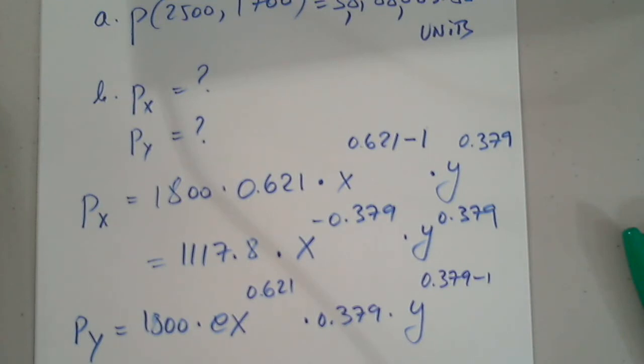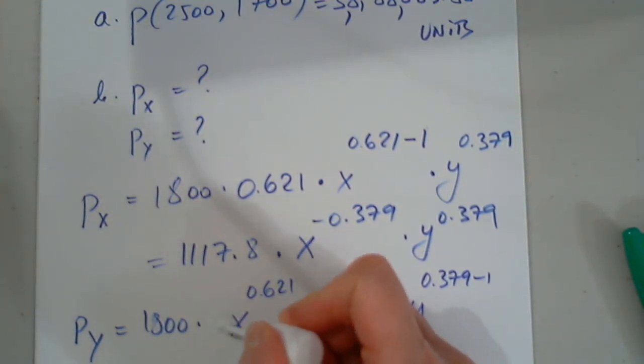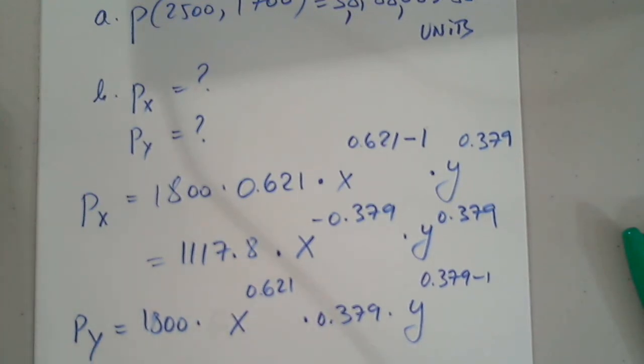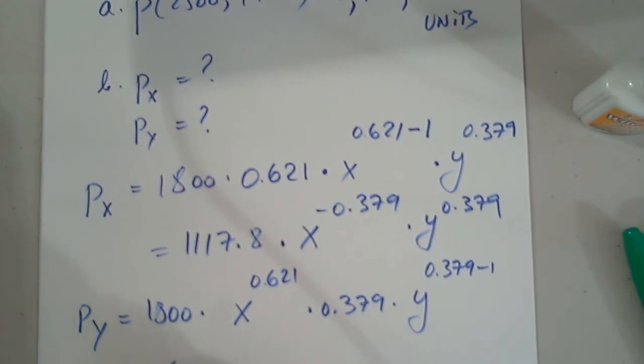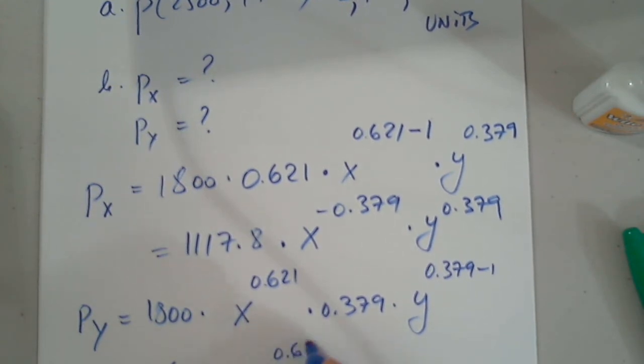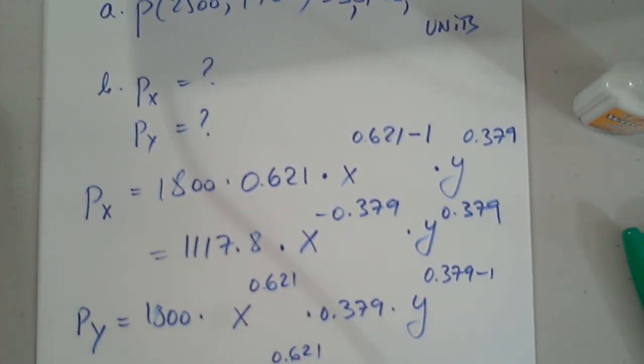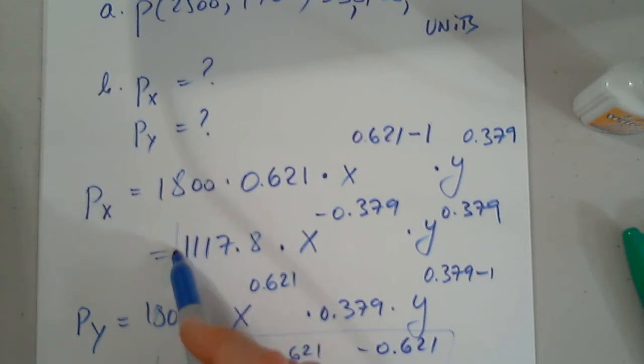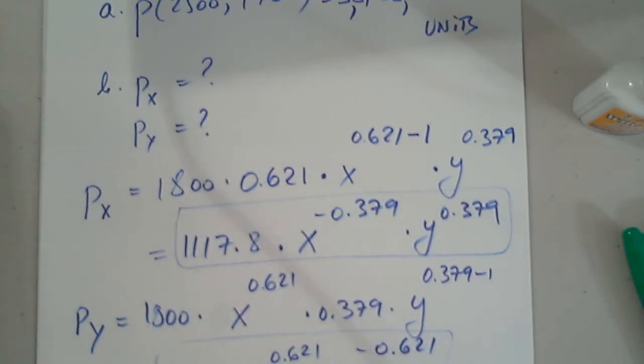We multiply these, and 1800 times 0.379 gives 682.2. So Py is 682.2 times X to the 0.621 times Y to the negative 0.621. So we got the marginal productivities. Okay, we did find those.